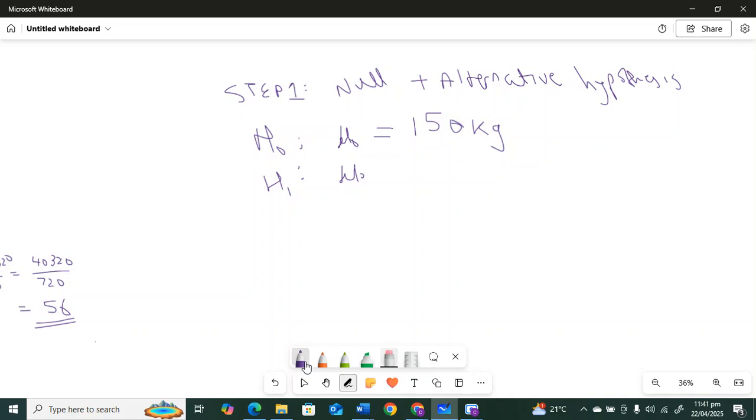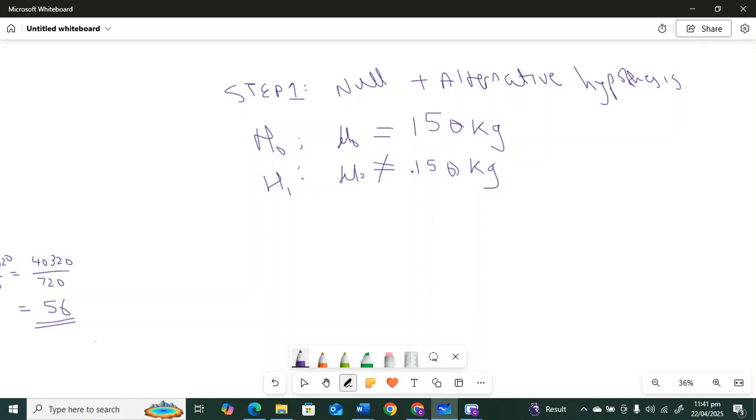So what is the opposite in this case? So we are going to have a two-tailed test here, because we're saying it's not 150.